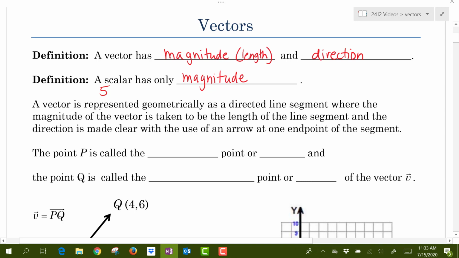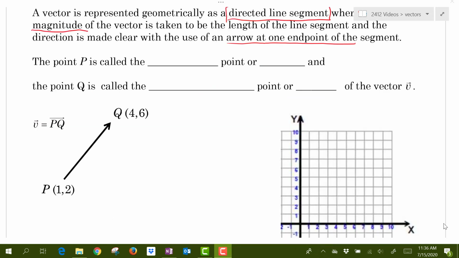A vector is geometrically represented as a directed line segment. So it's a line segment that has a particular length or magnitude, and it has an arrow at one of the endpoints to represent a direction. So here I have a picture of a vector.